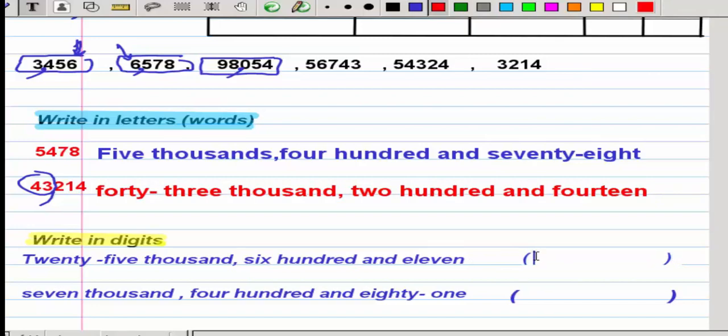What we will do: he said 25,000, we write 25,611. So if we want to read this number, we can say 25,611. Again, this number we can say 25,611.